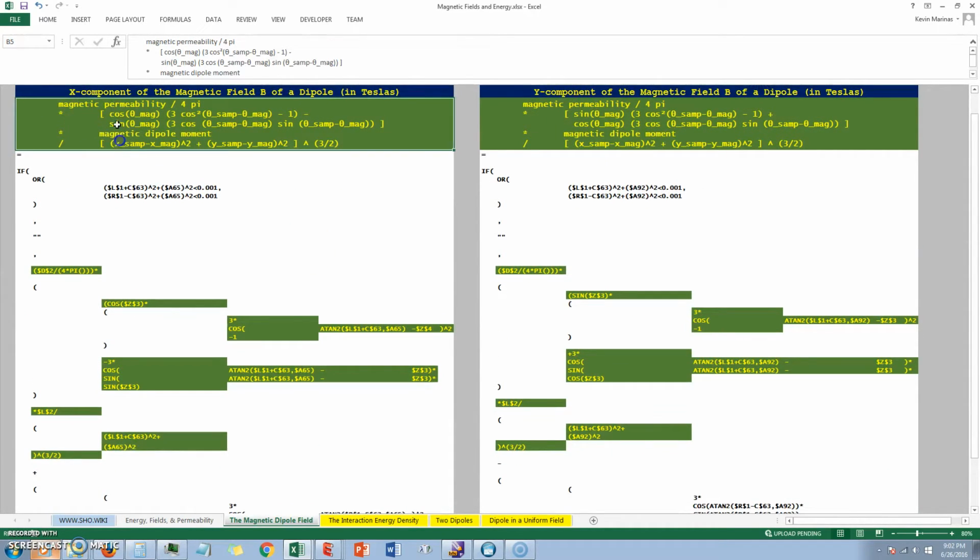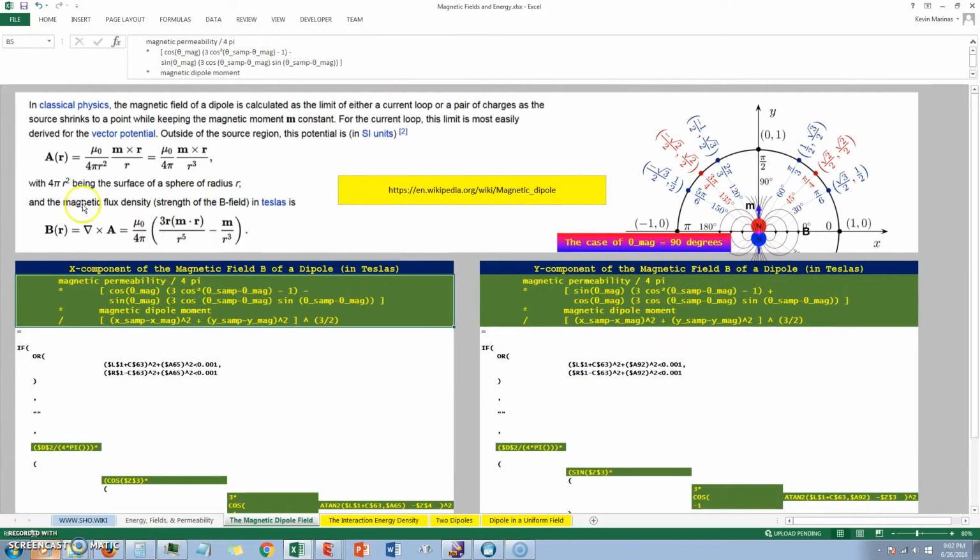So basically, this logic comes from this equation here, our magnetic field B as a function of vector r. Okay, so vector r has a magnitude and a direction, and that direction here would be indicated by an angle. Okay, so that is based upon the angle of the sampling point.